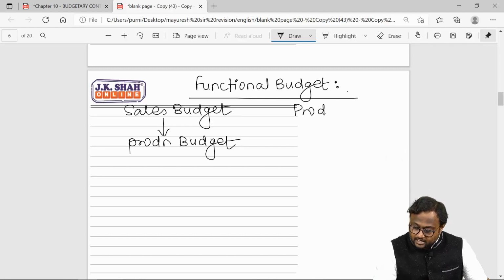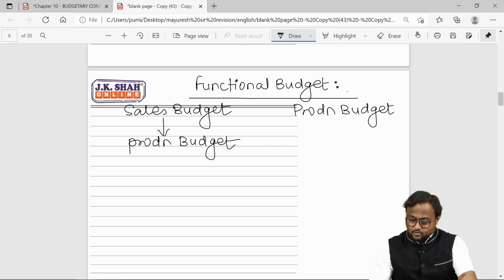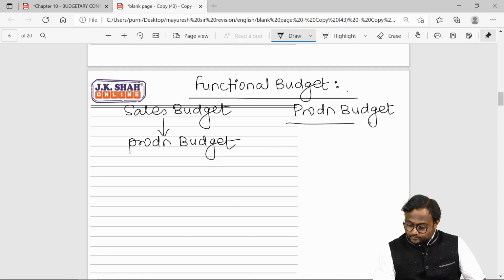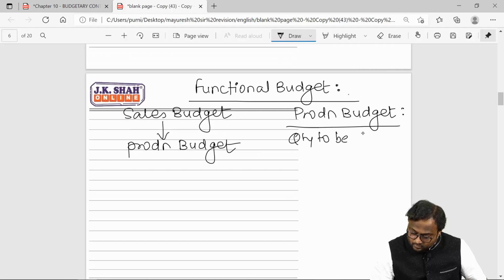See, production budget calculation is very simple. Get your quantity to be sold.